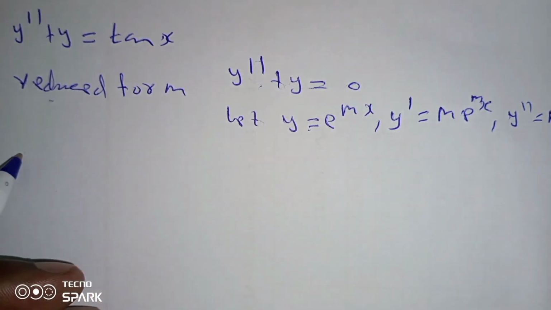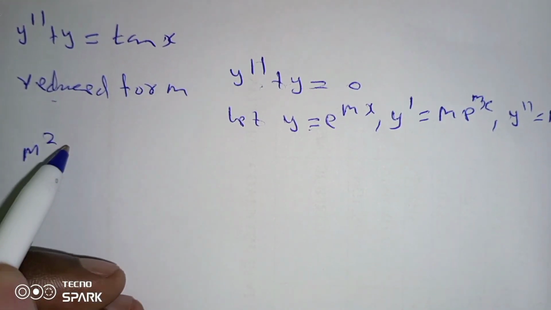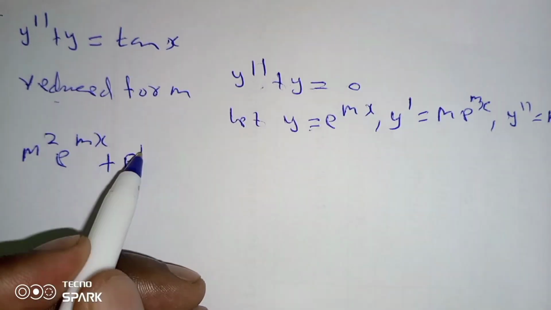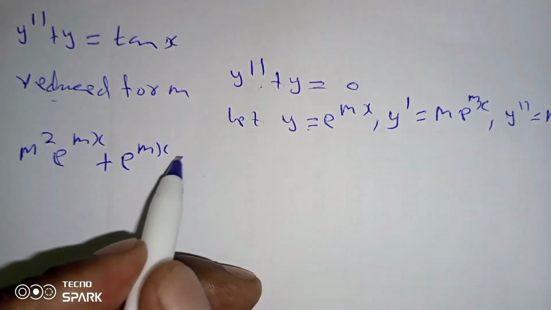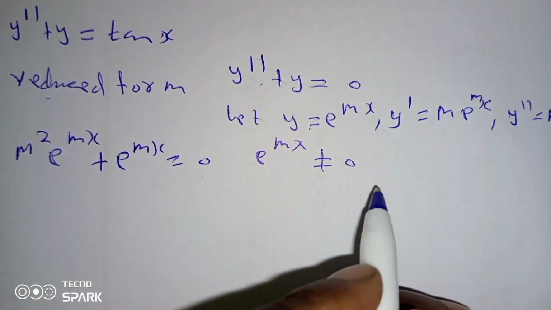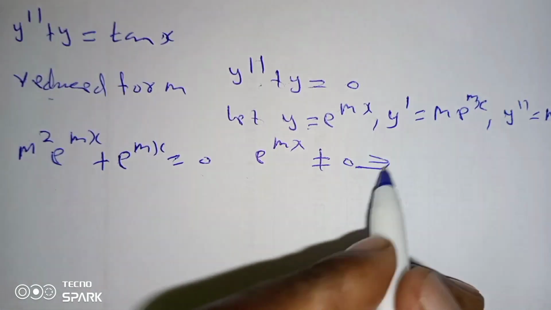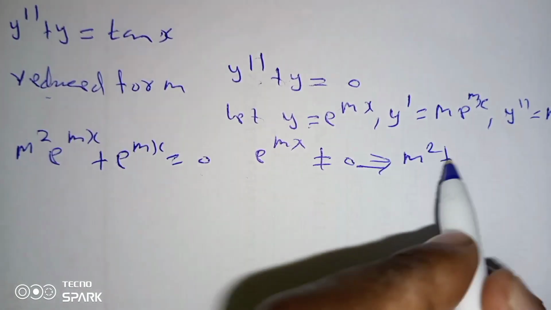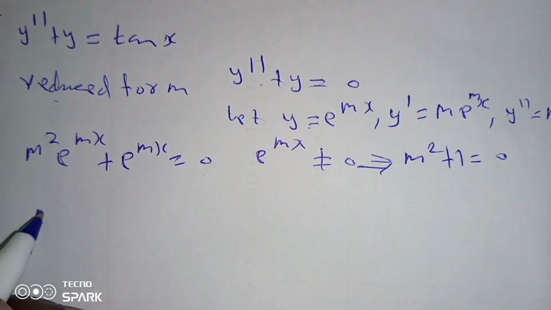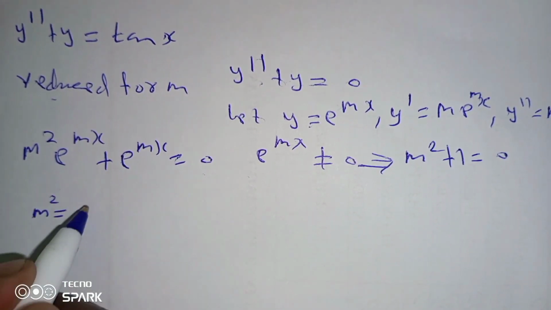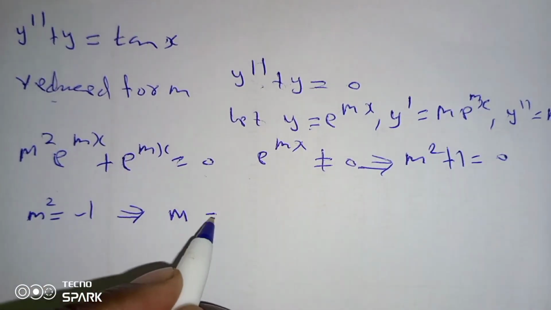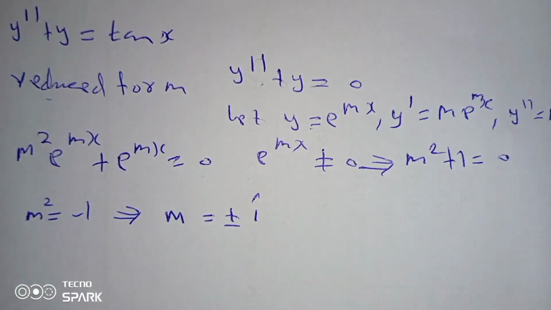Then we substitute to get m squared e to the mx plus e to the mx, which is equal to 0. Now e to the mx cannot be equal to 0, which means that m squared plus 1 is equal to 0. So m squared is equal to -1, which implies that m is equal to plus or minus i.